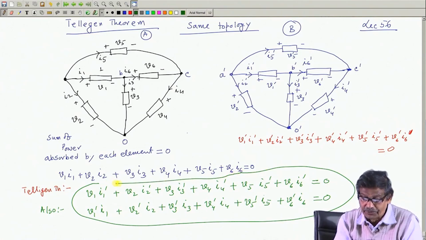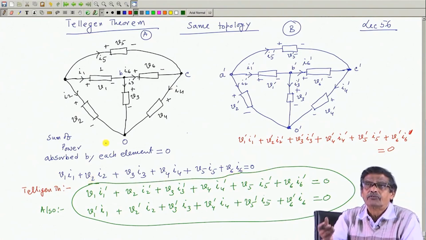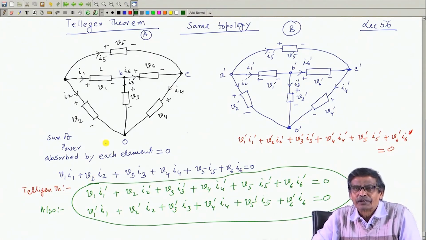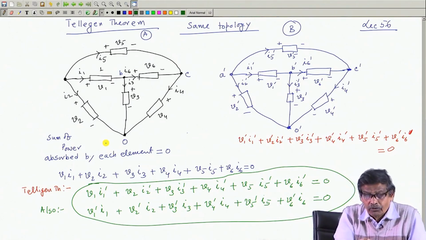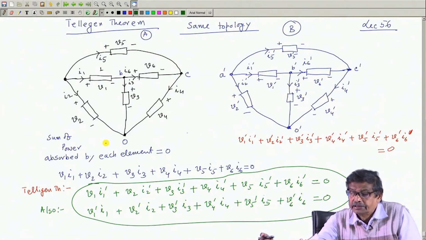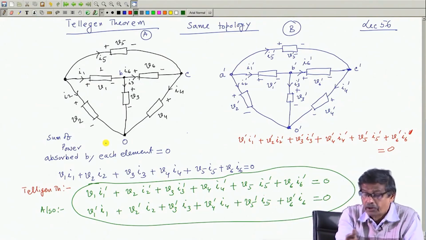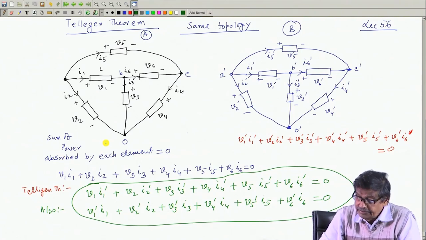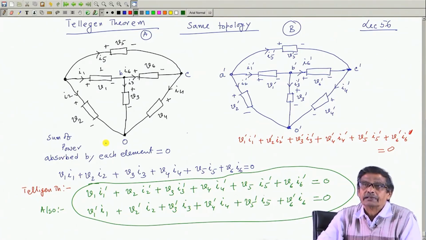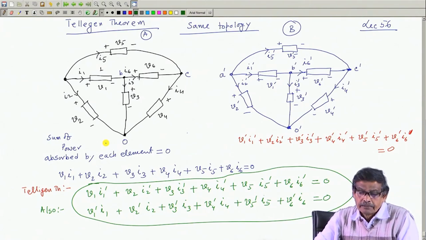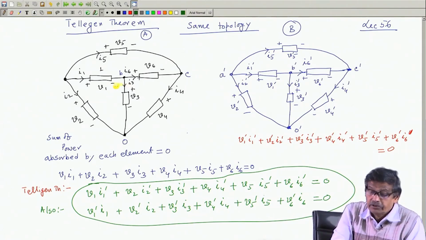The above two equations are okay, individually we know it for each network. It looks surprising, voltage of one circuit multiplied with current of another circuit, these two have got no coupling, etc. How this happens, but that is what Tellegen proposed, that this has to happen. And we will try to prove it.